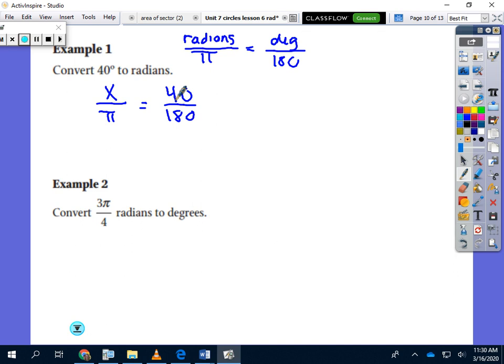Cross multiply: 40 pi equals 180x. Divide both sides by 180, and it's going to be 40 pi over 180. I'm going to leave it in terms of pi. I just want to reduce my fraction.